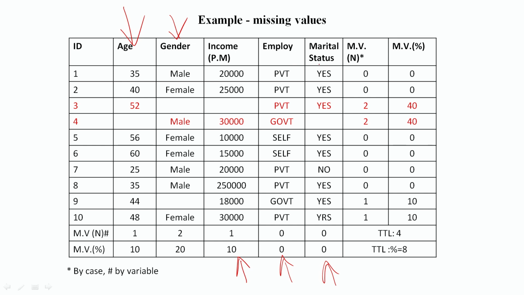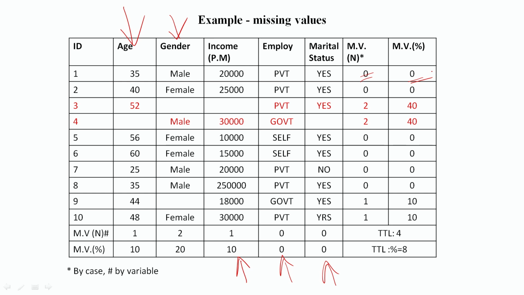See, row wise and column wise, you can find missing values. Let us take the example of row number 1. Can you see any missing values here? Row wise? No. That is why the percentage here is 0. Look at ID number 3. It is colored with red font.